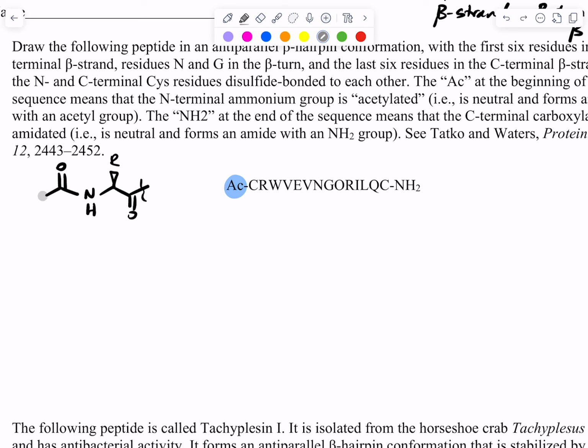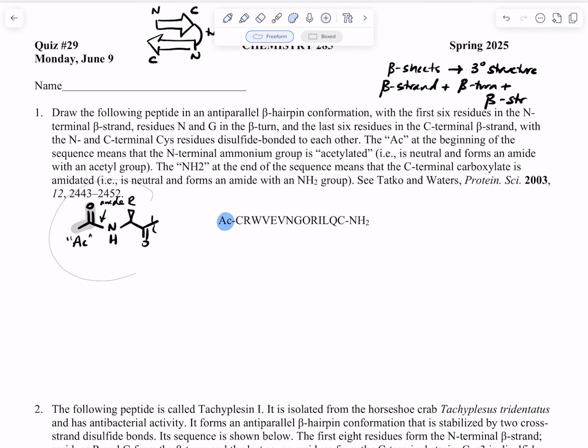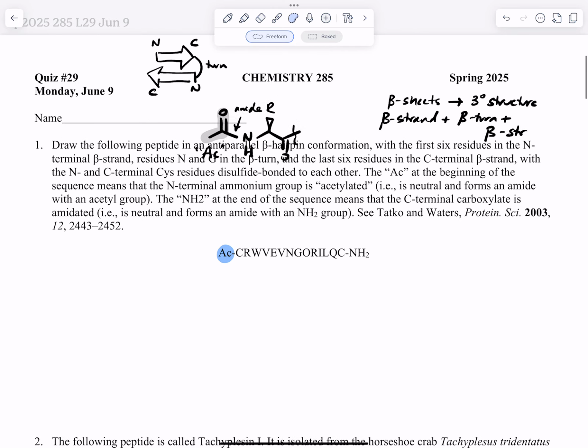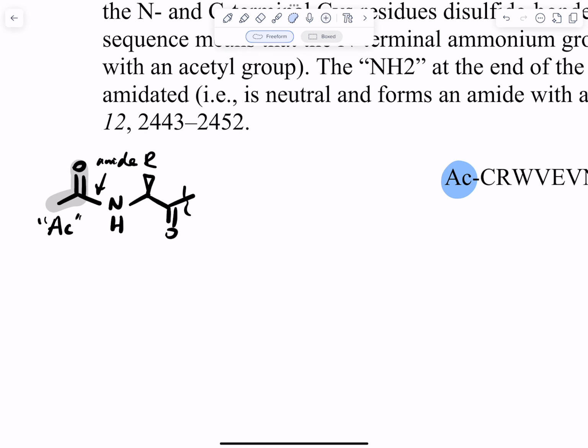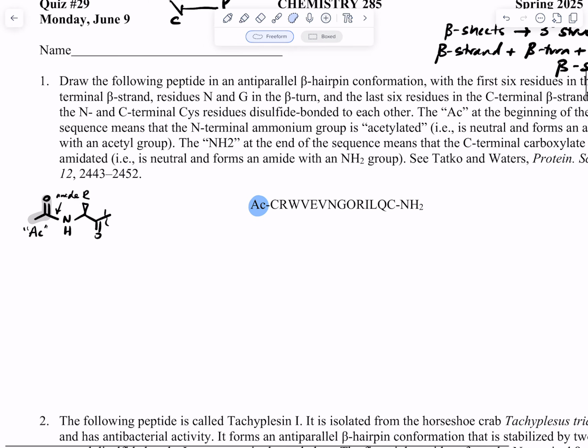So this portion here is the AC group, and this is an amide bond. So when you see an AC on a sequence written out like that, that just means you've got this acetyl group at the N-terminus, which means the N-terminus is not charged. There's sometimes reasons why you want that to be. It's a minor issue, not terribly important, but since we're going to draw the structure, I had to explain it.